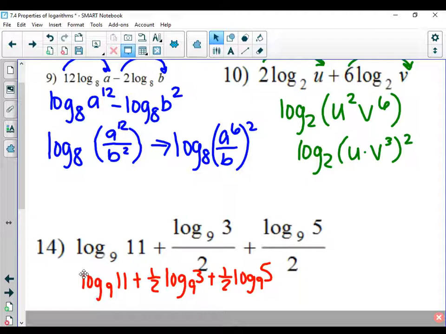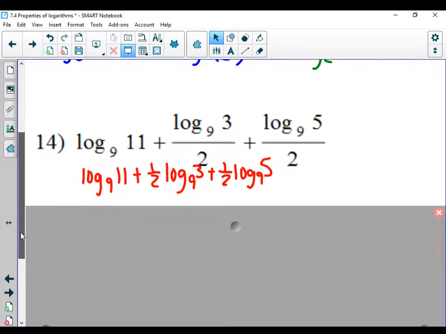Go ahead and condense that. One half as an exponent means what? Square root. You will need to change it to a square root.